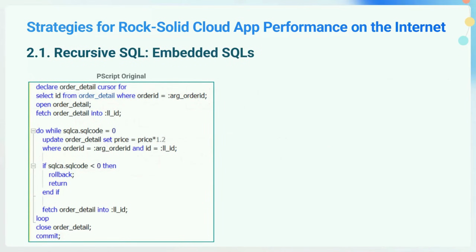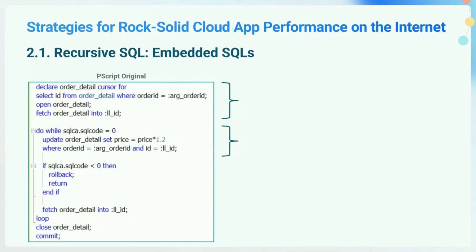Let's start with a simple example of recursive processing in embedded SQL. The original script written for client-server might follow this algorithm. First, a cursor is declared on the order detail table. Second, a loop runs through all the records in the cursor on the client side. For each record, it calls an SQL update statement to modify order detail data.